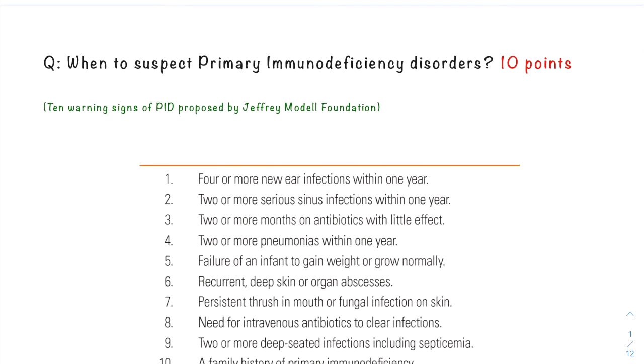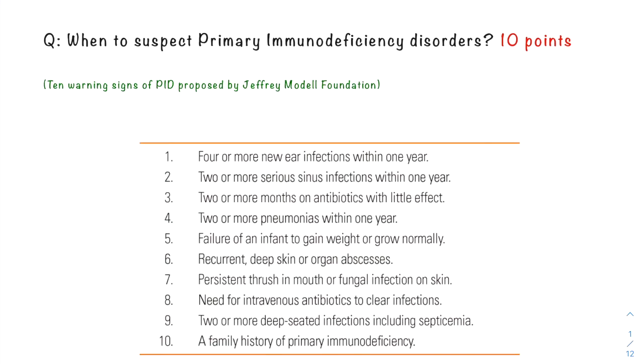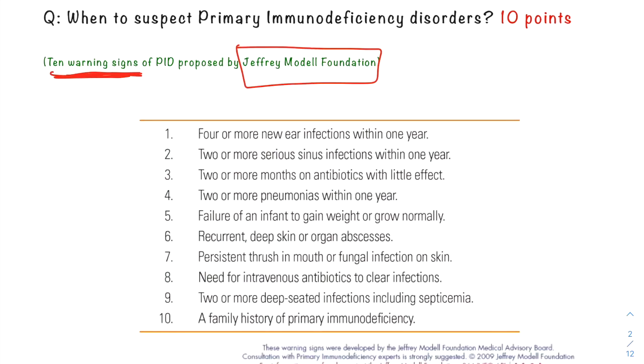Now, when do you suspect these primary immunodeficiency disorders? There are 10 warning signs of primary immunodeficiency that have been given by the Jeffrey Modell Foundation, and these points you should always remember. Before listing all these 10 warning signs, there are 4 points you should remember.